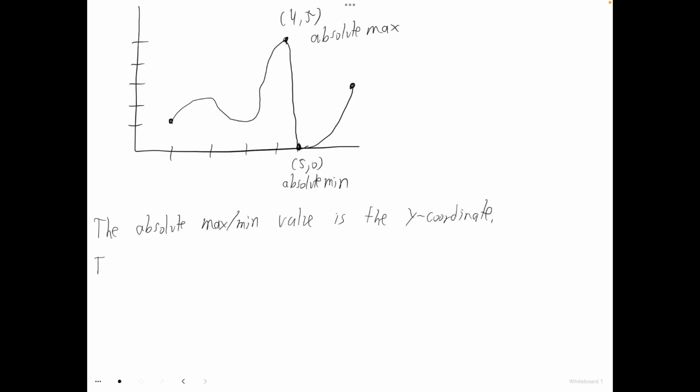So the place where the max or min occurs is the x-coordinate. You will be asked to find both of these periodically in calculus classes, so it's good to know the difference in the vocabulary. So the values, the y-coordinate, where it occurs at is the x-coordinate.